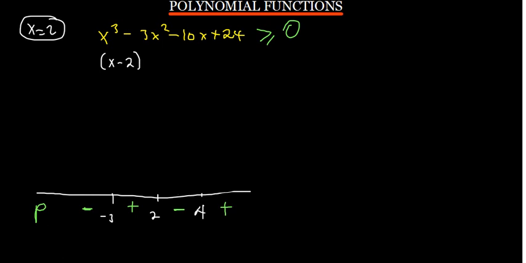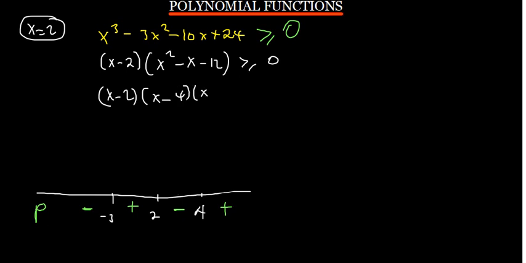And then again use the synthetic method to find the other factor. The same thing we did. And we found x squared minus x minus 12. This is greater than or equal to 0. And then again factorize this. That gave us x minus 2, x minus 4, and then x plus 3 greater than or equal to 0, like that.